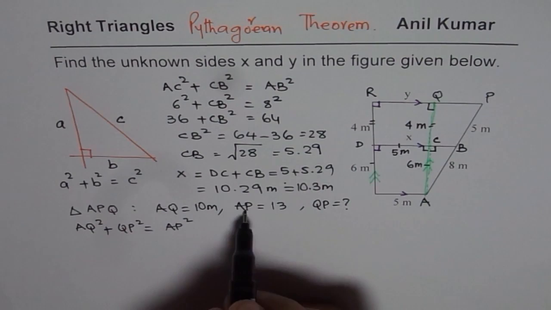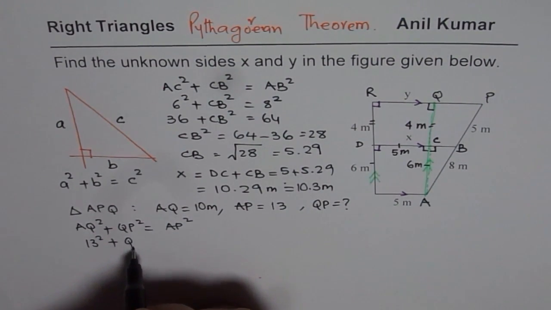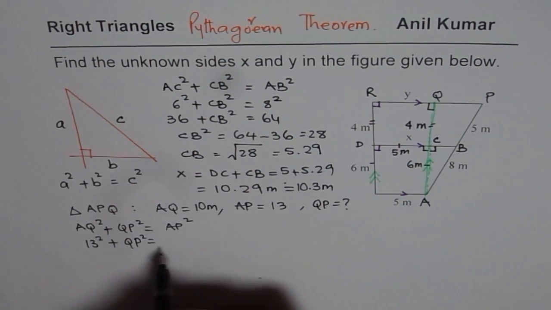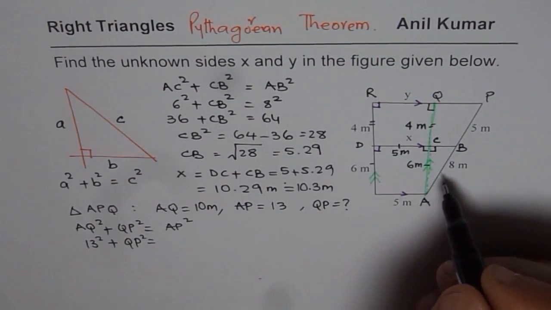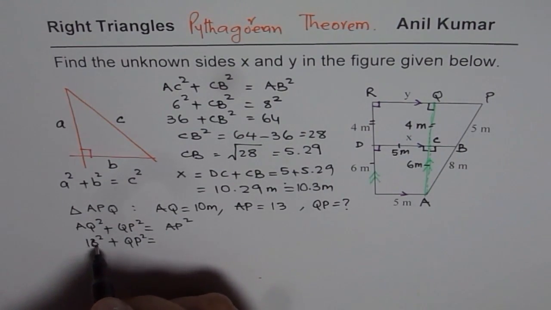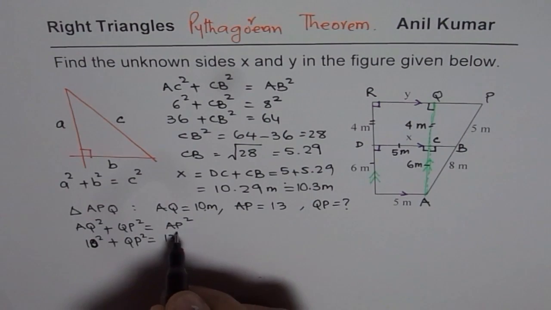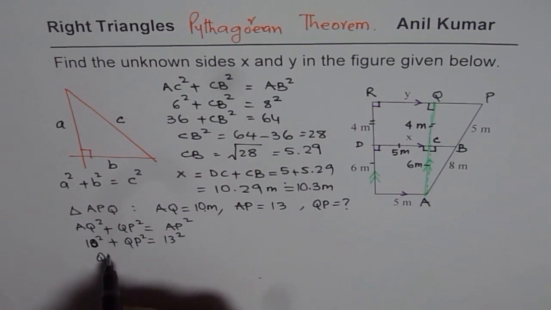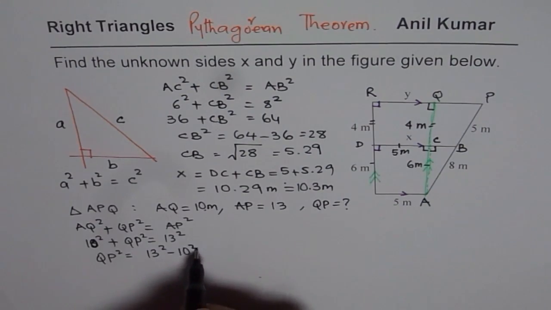So AQ is 10, AP is 13, so we can write QP square equal to 13 square minus 10 square, right?